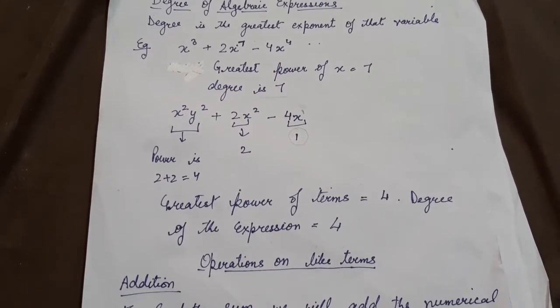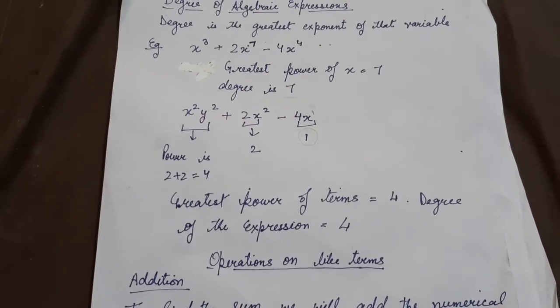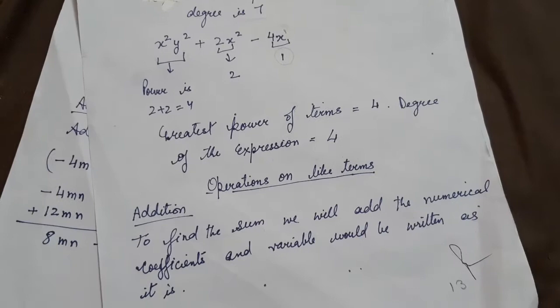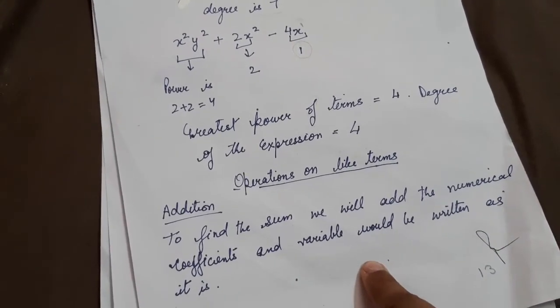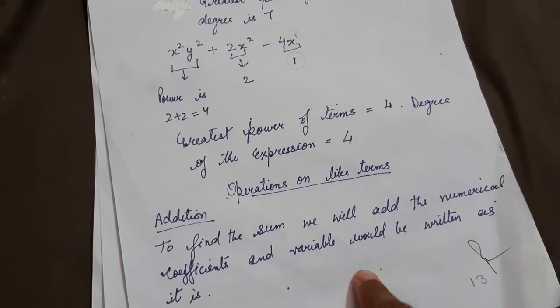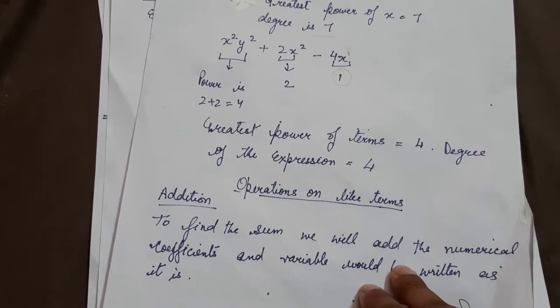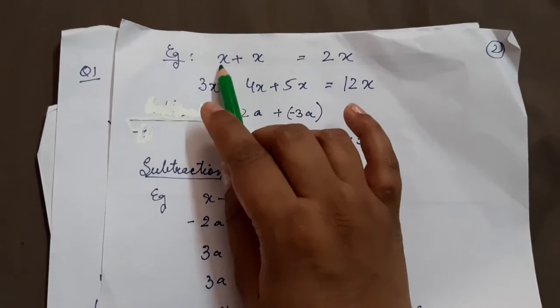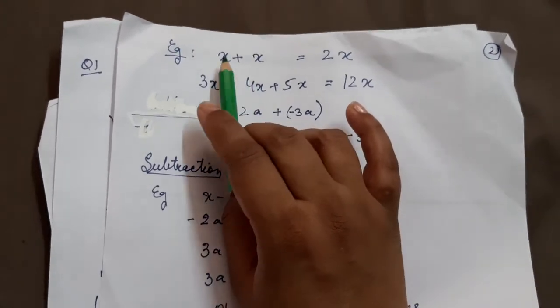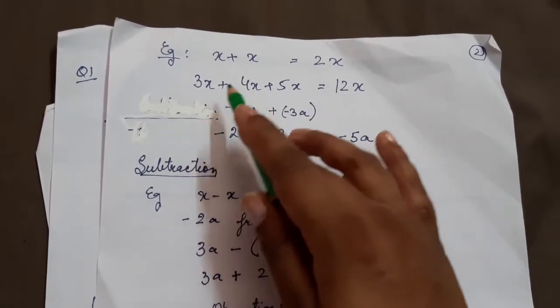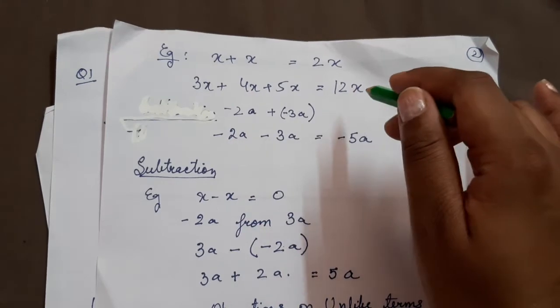Now we are going to do operations on like terms. One is addition, one is subtraction. Addition. To find the sum, we will add the numerical coefficients, and the variable should be written as it is. जैसे variable written है हम वैसे ही लिख देंगे and we will just add the numerical coefficients. For example, x plus x, these are like terms, they have the same variable, so x plus x is 2x. 3x plus 4x plus 5x, these are like terms. 3 plus 4 is 7 plus 5 is 12x.